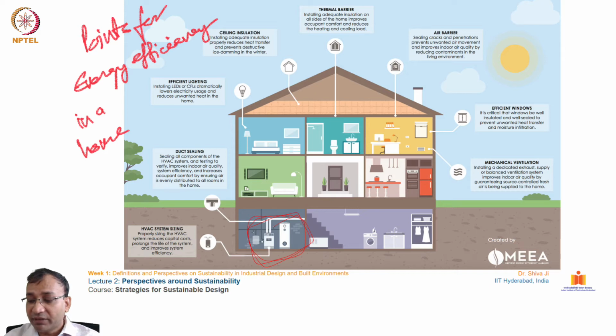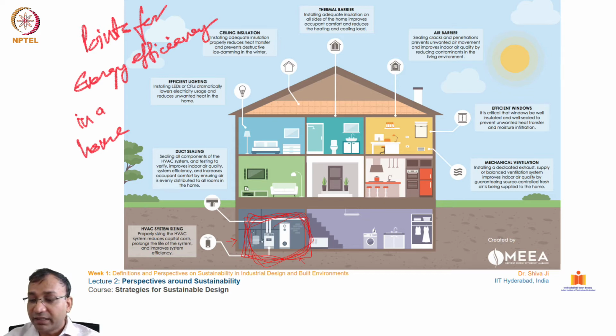If you are in a cold country, of course we'll be using it for heating, and if you are in a hotter country, we'll be using it for cooling. This actually takes a major portion of the overall energy we consume in our buildings. So we must pay attention to these HVAC units to optimize, reduce and depend less on the finite source of energy as much as we can.